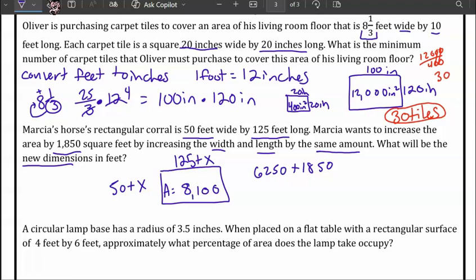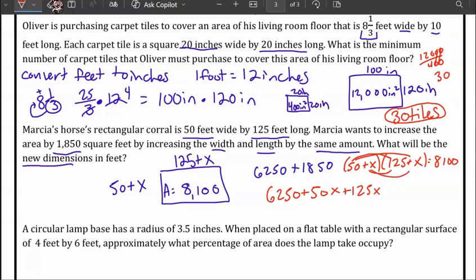That'd be 8,100 now. To find the new dimensions, we're going to multiply them and solve for the x. (50 plus x) times (125 plus x) equals 8,100. So 6,250 plus 50x plus 125x plus x squared equals 8,100.